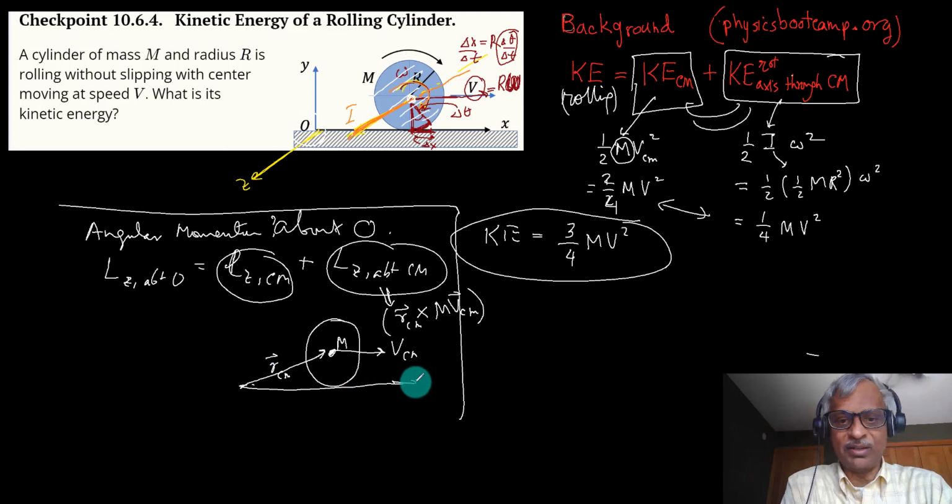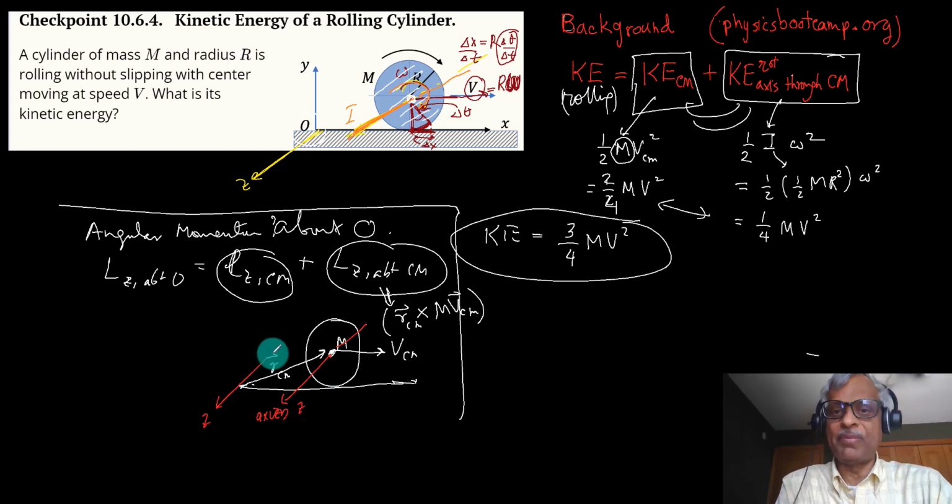This is the X direction here, and the axis is along, or parallel to, the Z direction. The Z axis is over there.